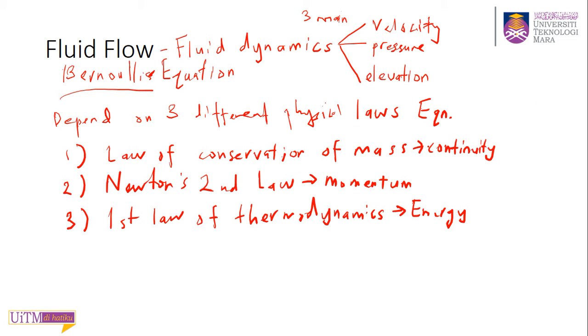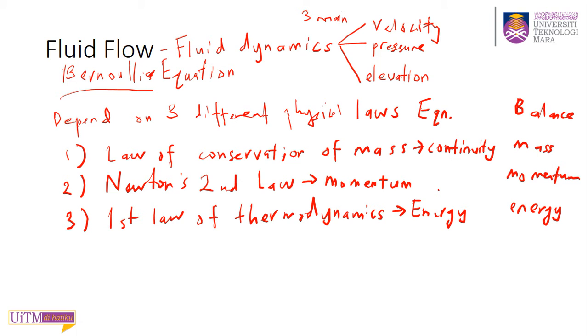What do these equations do? They balance some properties. The first one balances the mass, the second one, the momentum, and the last one balances the energy, as the names tell you. It balances the energy for any two locations, any two points, using this energy equation.